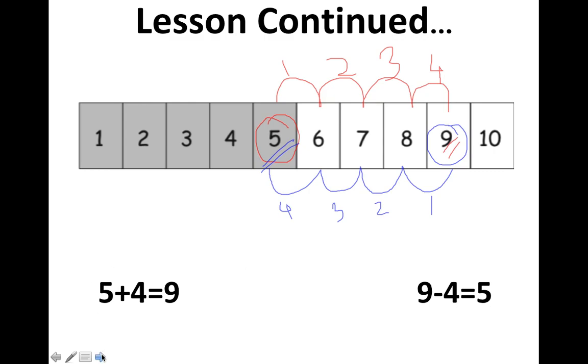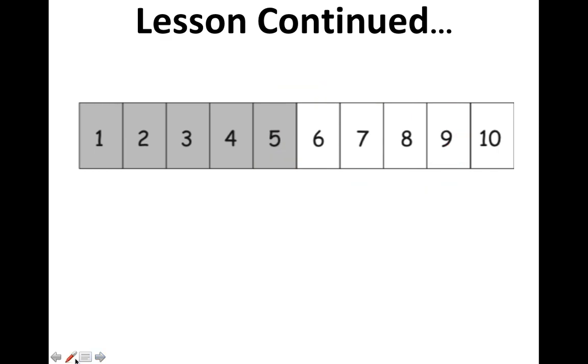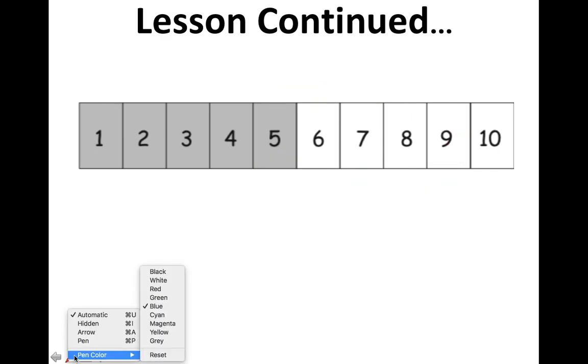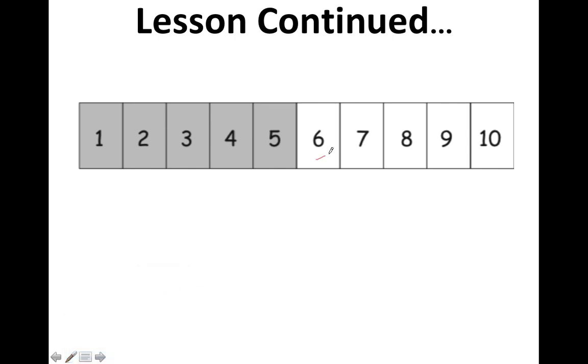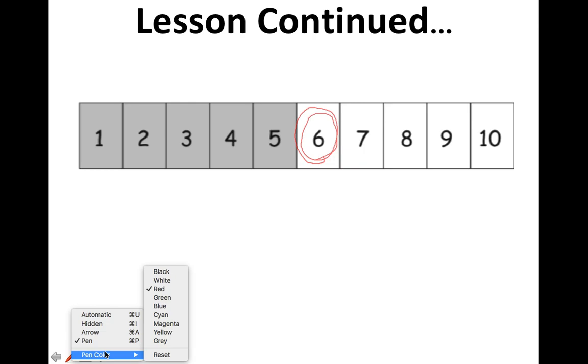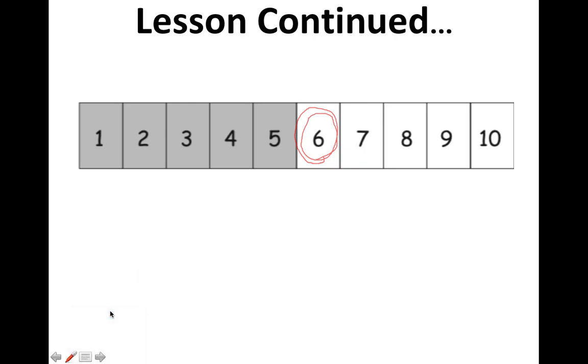Perfect. So now let's continue to do one more, and this time I'm going to use the number 6. No more number 5, I'm going to use number 6. But what is different this time is I'm adding 0. So I'm adding 0 to 6. How would that look in my number sentence?